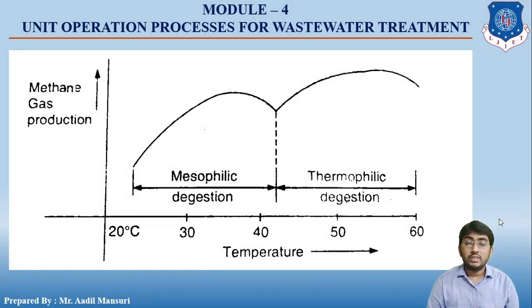So you can see in the picture there is a graph showing methane gas production versus temperature. It is clear that in the mesophilic region, that is the first region between 20 to 40 or 45 degrees centigrade, the temperature of 35 degrees centigrade corresponds to the minimum digestion time, whereas in the thermophilic region 55 degree temperature is the temperature corresponding to the minimum time of digestion.